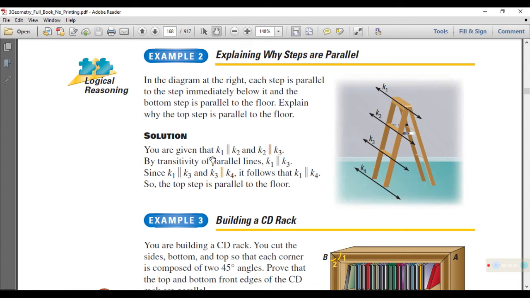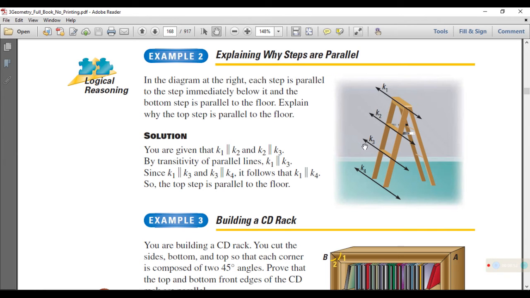You are given that K sub 1 is parallel to K sub 2. And K sub 2 is parallel to K sub 3. Kasi immediately below it. By transitivity of parallel lines, we know that K sub 1, here, the top step, is parallel to K sub 3 or the first step. Meron na tayong K sub 1 is parallel to K sub 3.